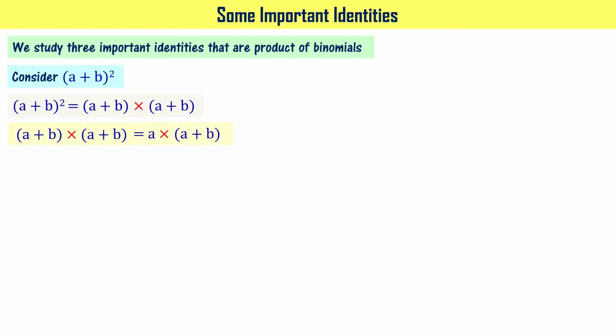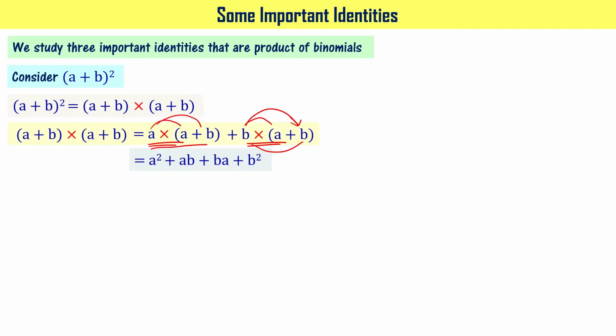We can write a times a plus b plus b times a plus b, right? Now you multiply these two terms, then these two terms like that. When you do that, you will get a square for these two and ab and ba for these two and b square for these two, right?